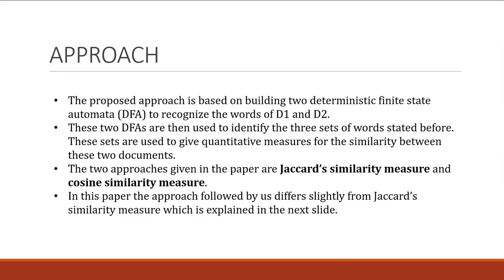These sets are also used to give quantitative measures for the similarity between these two documents. And the two approaches which are given in the paper are the Jaccard similarity measure and the cosine similarity measure. In this paper, the approach followed by us differs slightly from the Jaccard similarity measure, which is explained in the next slide.